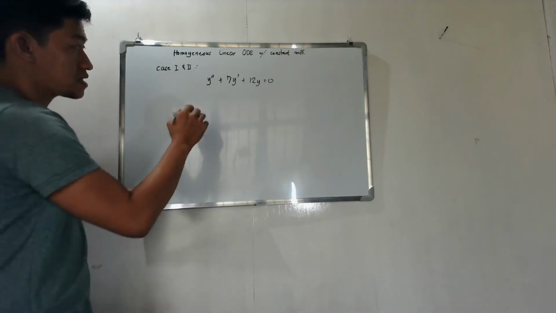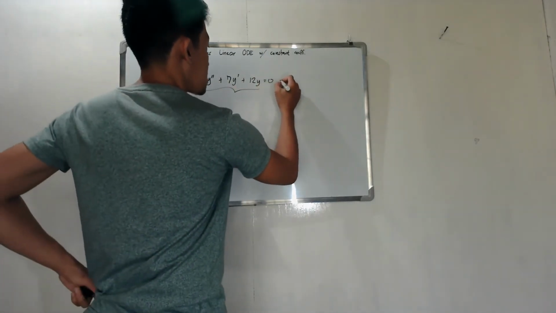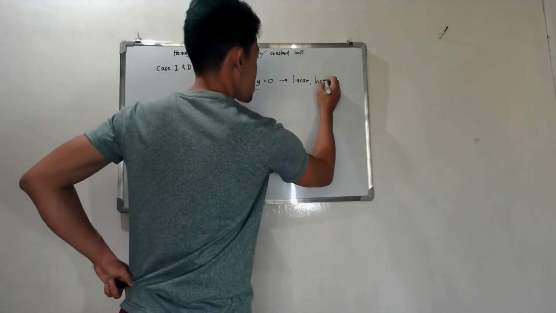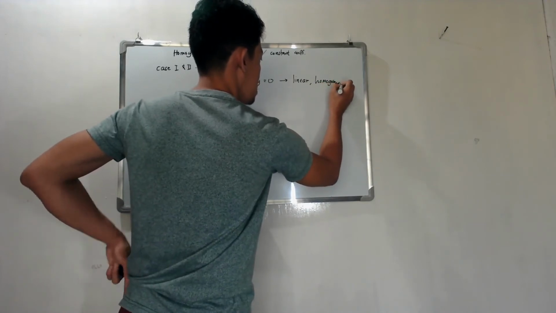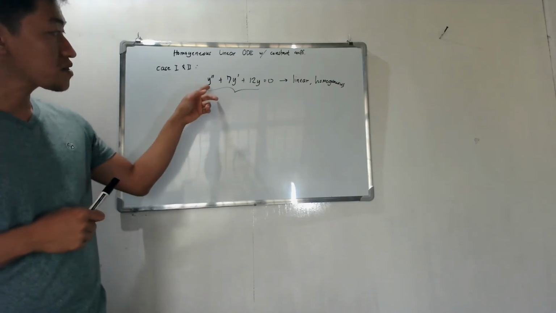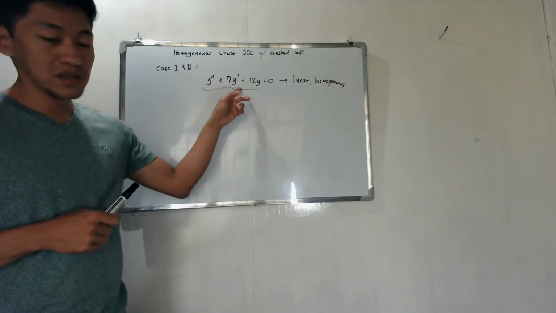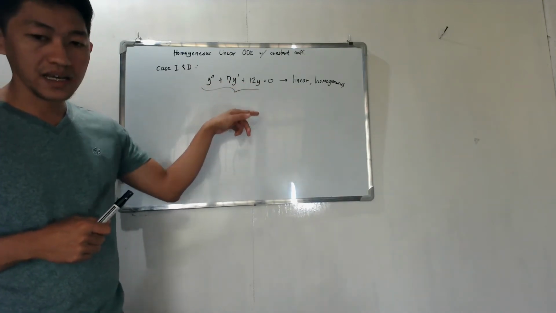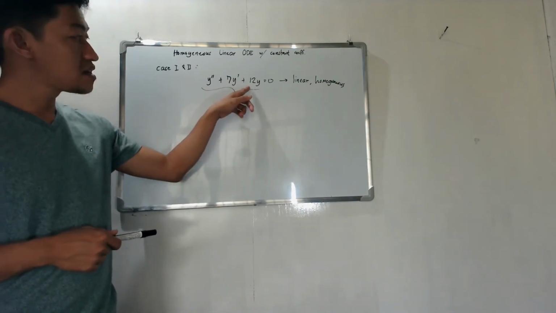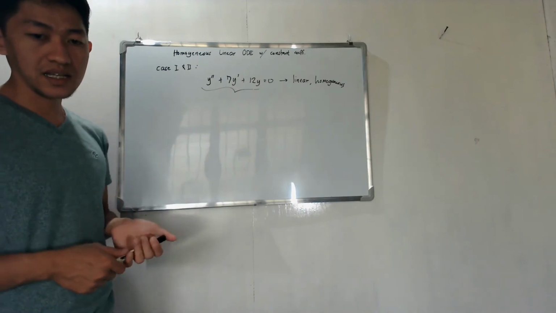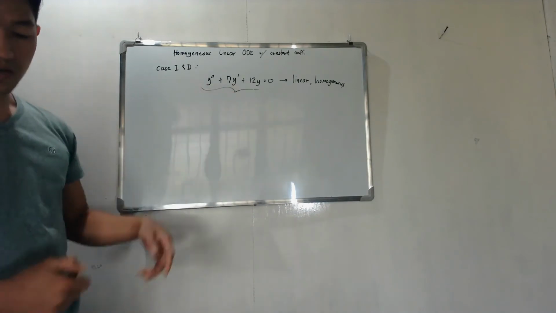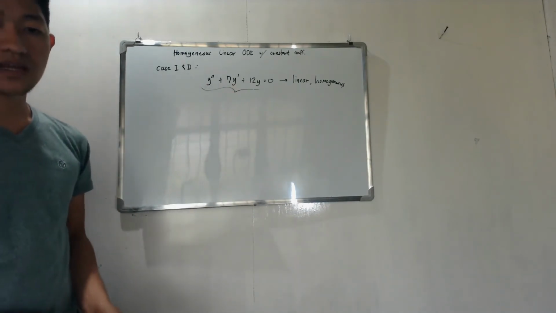So again, this is a linear homogeneous ordinary differential equation. Okay? So, importante na determine mo yung format, no? In the event na 12 lang ito, walang y, i-transpose mo ito sa kabila, and then hindi na yan homogeneous, nagiging non-homogeneous na yan. So, dapat mayroong y. Because based on the format.